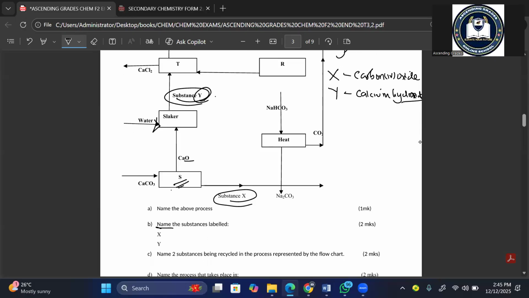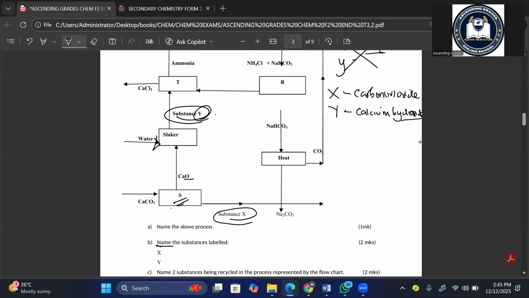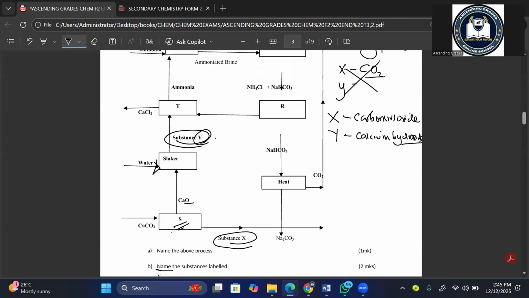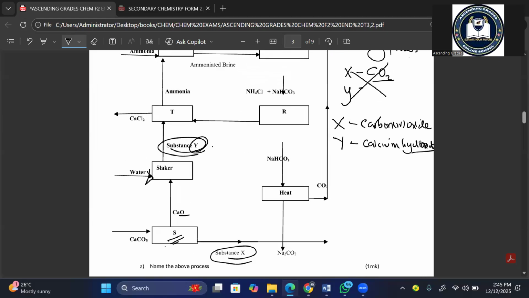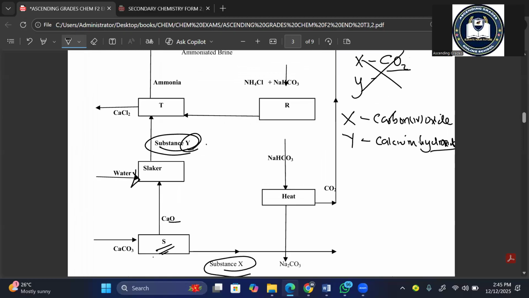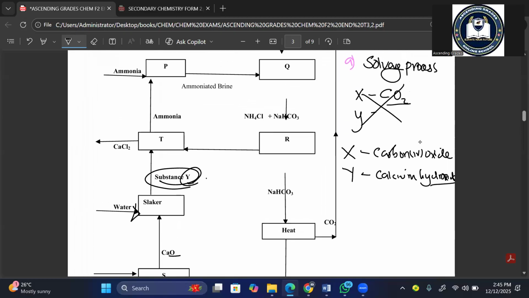Name two substances being recycled in the process. So we can now write the recycled products.